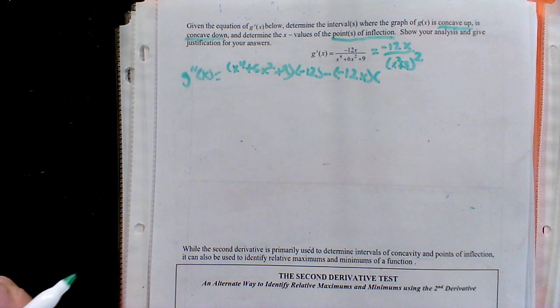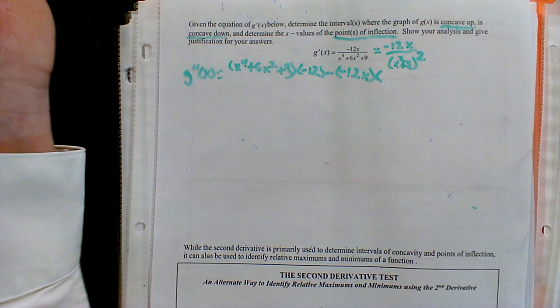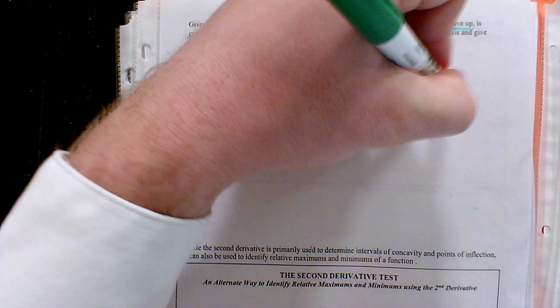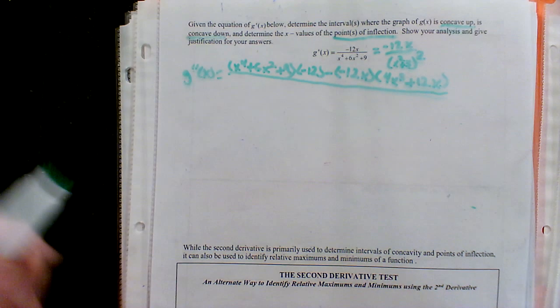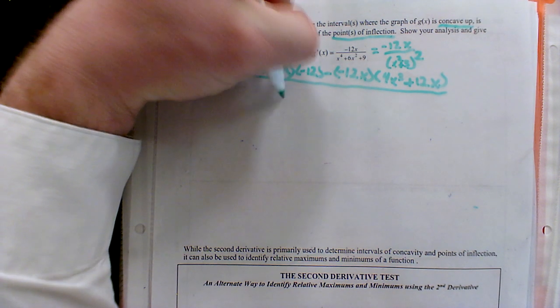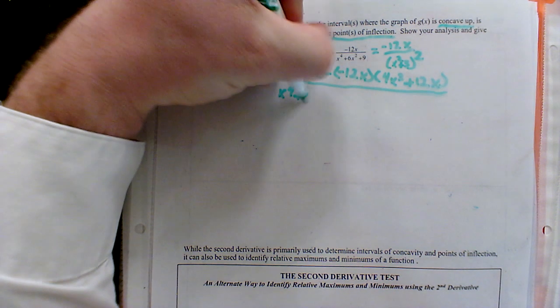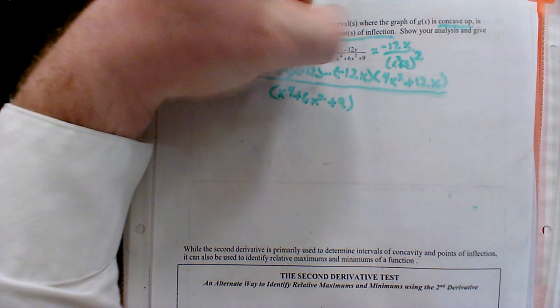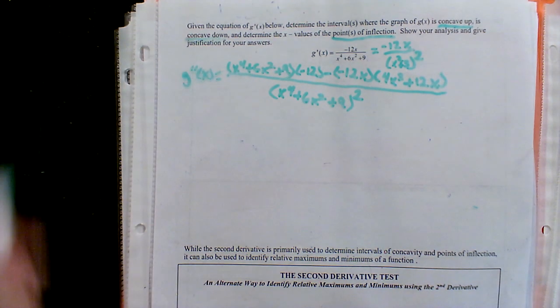Derivative of the bottom is what? 4x cubed plus 12x. And what do I do on the bottom? Okay, so I have x to the 4th plus 6x squared plus 9, and that's squared.